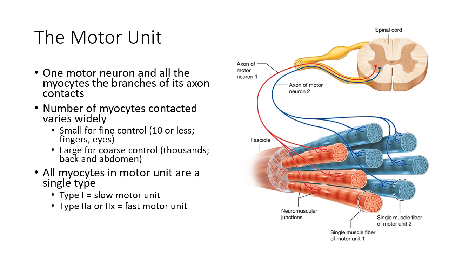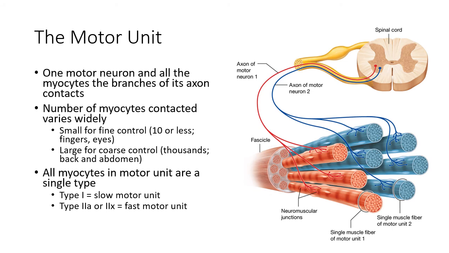So for instance, your back muscles that are holding you upright all day don't have to do anything finely coordinated, they just need to keep you up straight. So they're going to have motor units that have thousands of different muscle cells in each motor unit. Which means you have a lot less control over how much force the muscle can produce, but that's fine in this case.